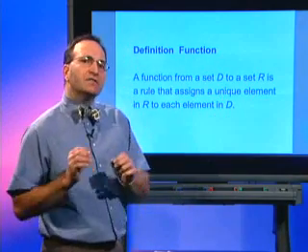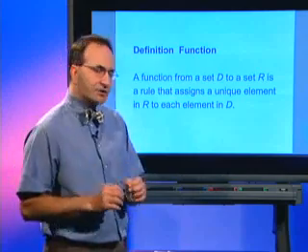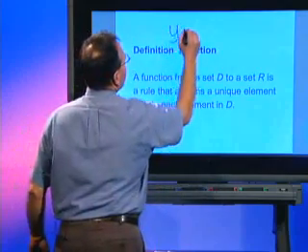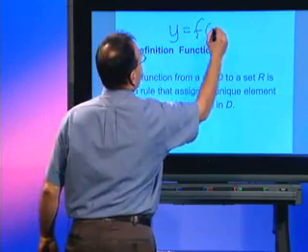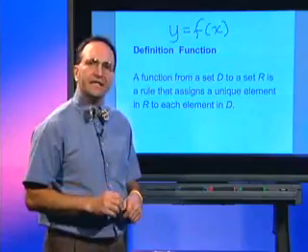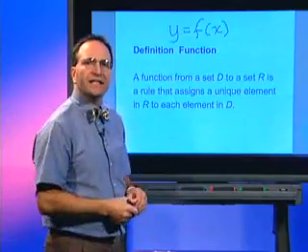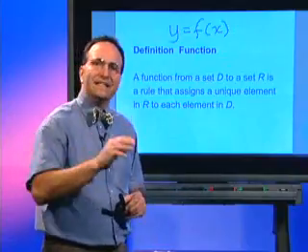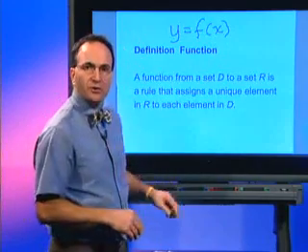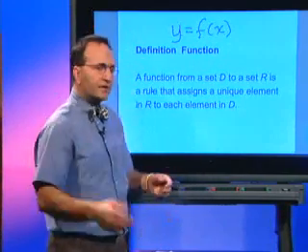A common symbolic way to write a function is y equals f of x. This notation enables us to give different functions different names by changing the letters that we use to do that. Let's look at some examples.